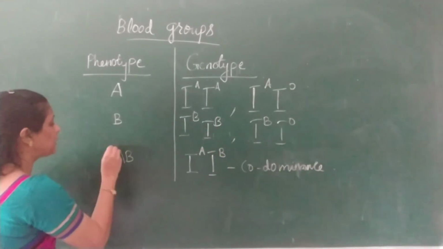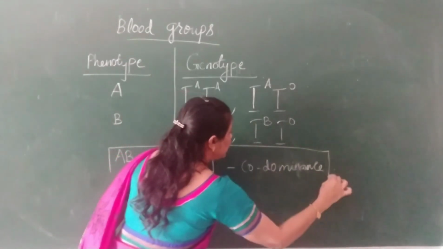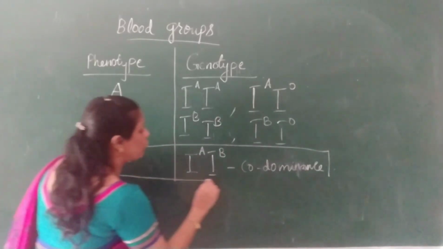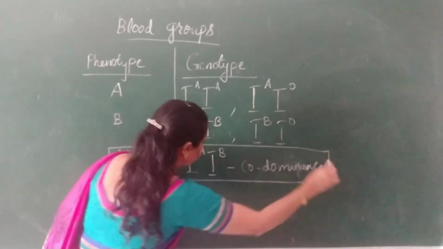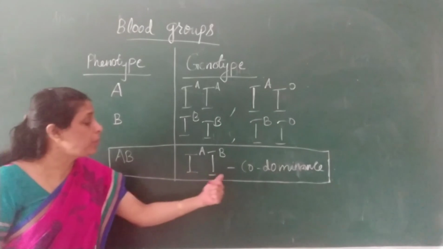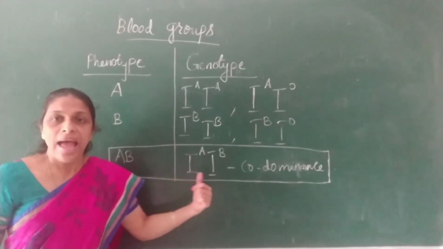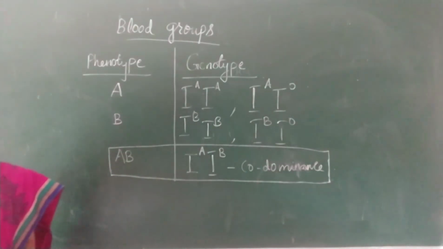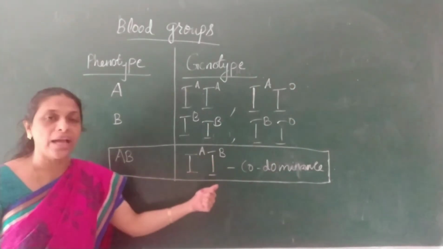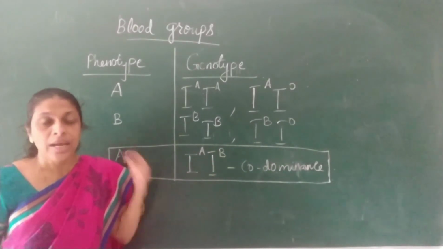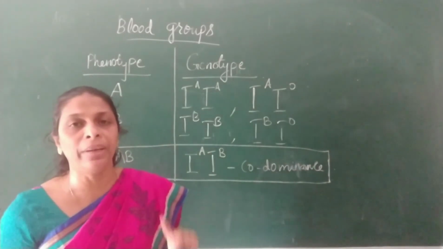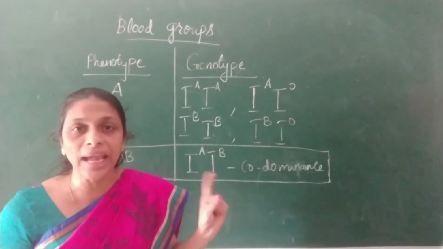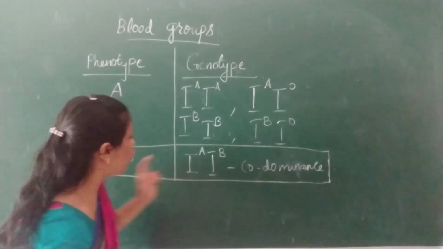Okay, so this is how we study AB group as an example for codominance. Why codominance? Because both IA and IB are dominant and they are equally expressed, and hence on the RBC membrane we find both antigen A as well as antigen B. Hope this is clear.